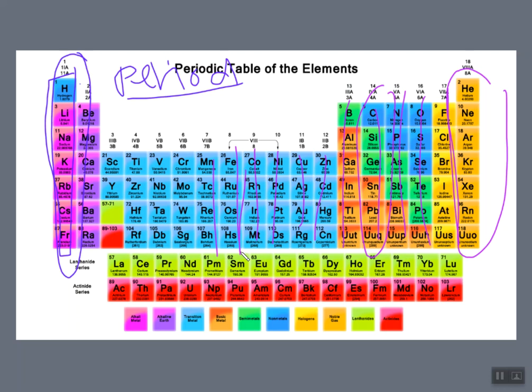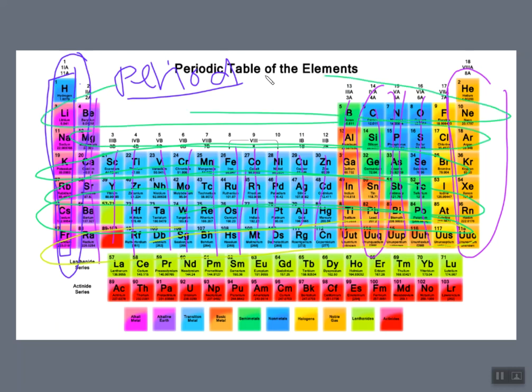If the vertical ones are periods, then what about the horizontal ones, you're probably thinking? Well, the horizontal ones are called groups. So the ones that go left to right, like this one from potassium all the way to krypton, are groups. Don't forget: up and down, period. Left to right, groups.